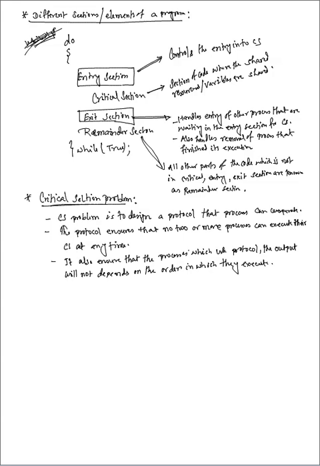Another task is to make sure that the output does not depend on the order of execution of instructions, right? So this is all about the problem. Now let's come to the requirements for the solution of the critical section. What are the requirements to design such protocols?